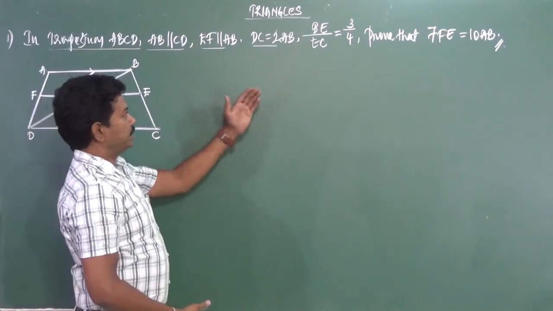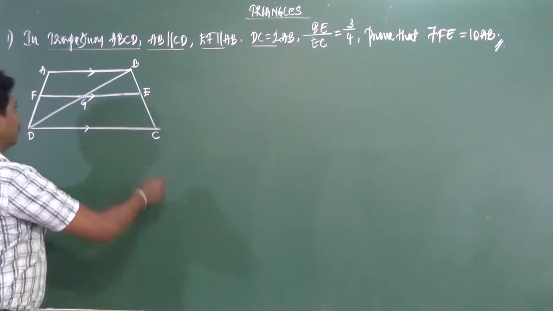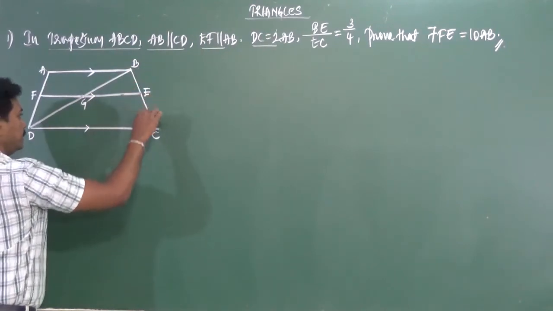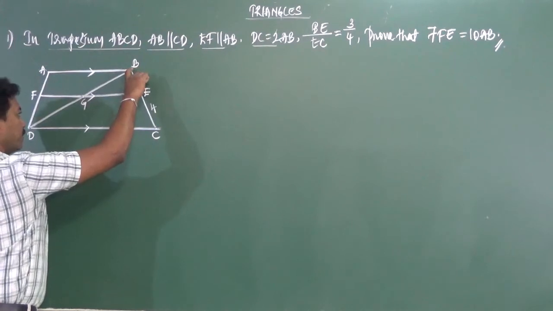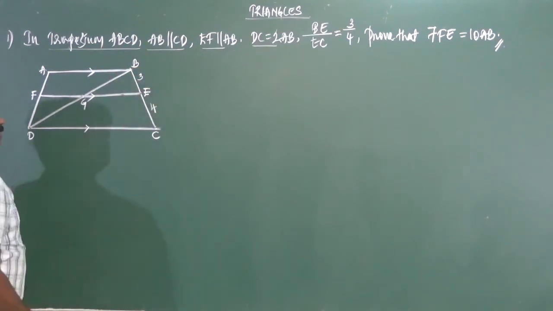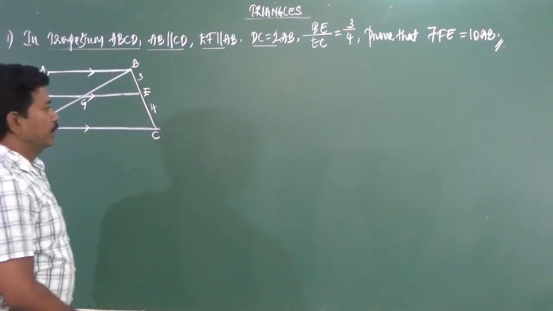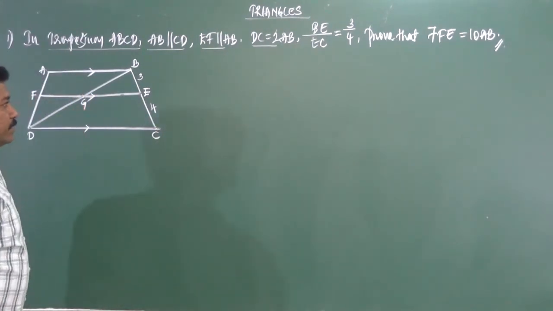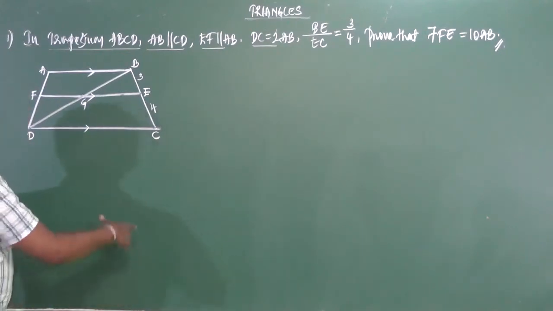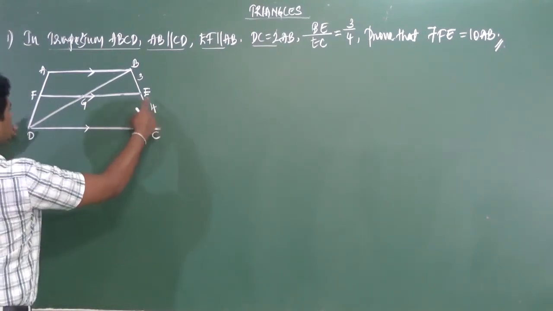So BE by EC is 3 by 4. Here this ratio BE by EC is 3 by 4. So this is 3 parts and this is 4 parts. That is, the ratio is given. Using all these data, we have to prove that 7 times FE is 10 times AB. Where is FE here?